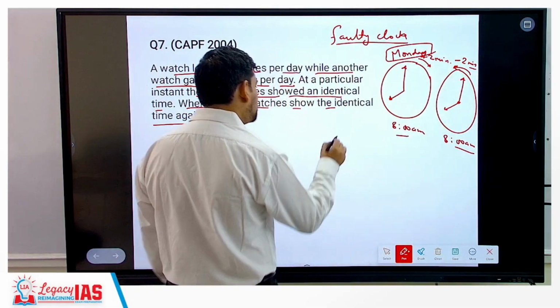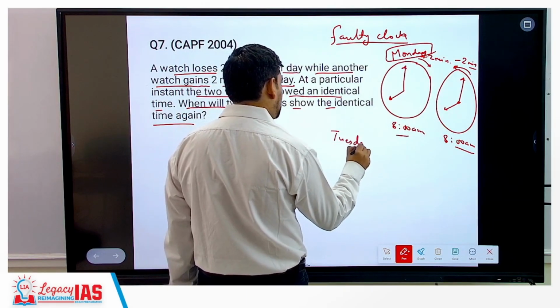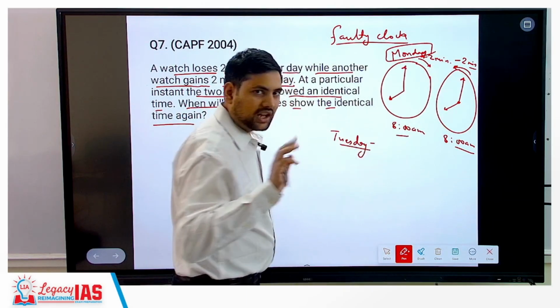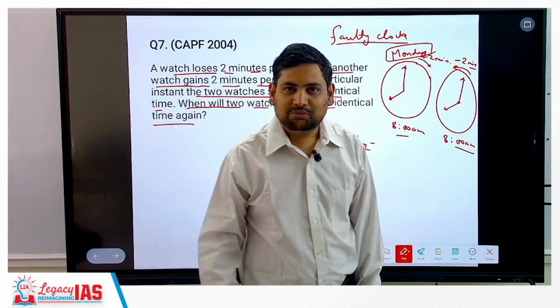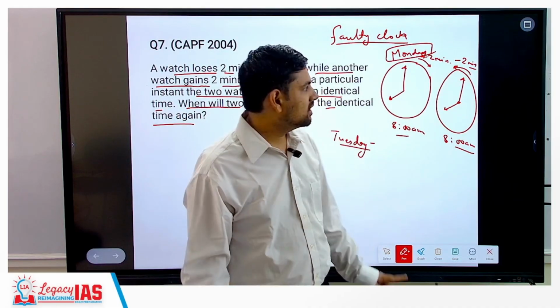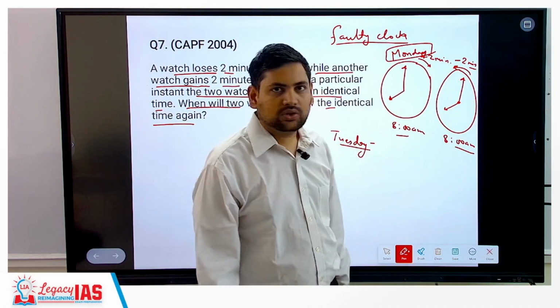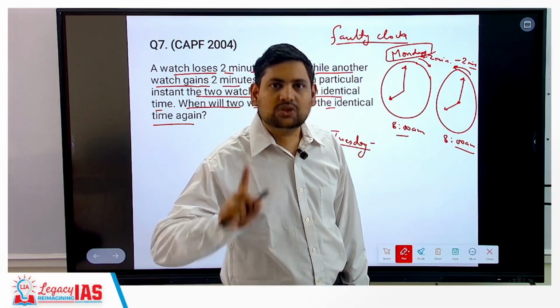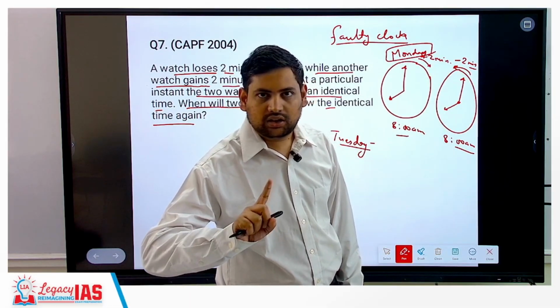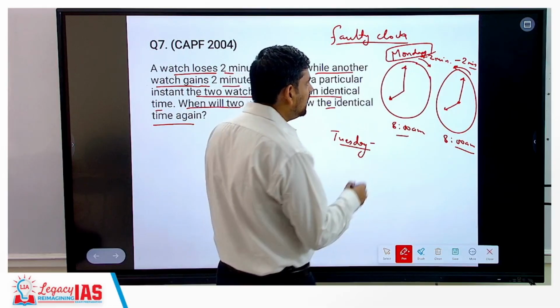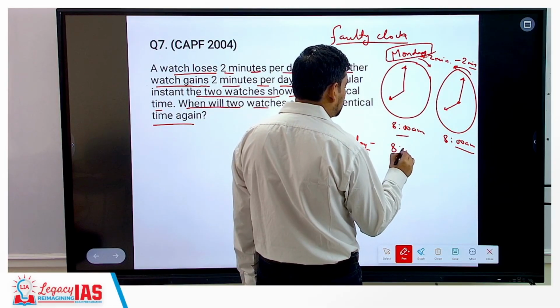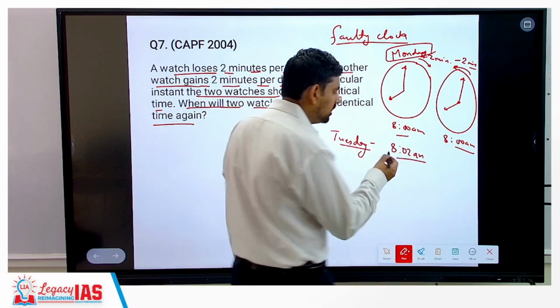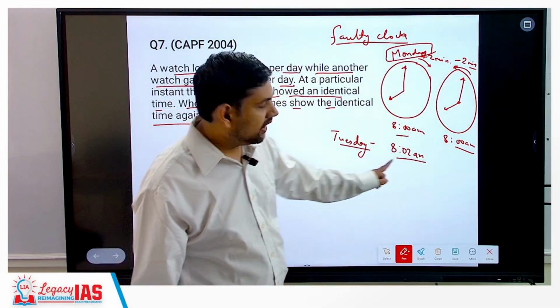Now, tell me, on Tuesday what will be the time? When the original time as per the Greenwich meridian is 8 a.m., what will this watch show? This watch gains 2 minutes every day. In 24 hours, it gains 2 minutes. So it will be showing 8:02.